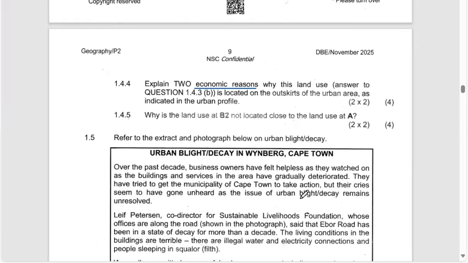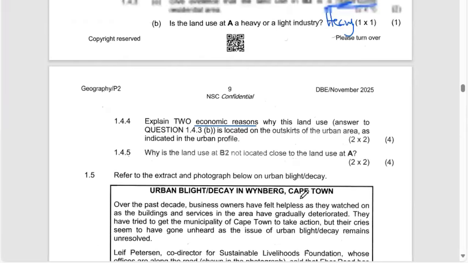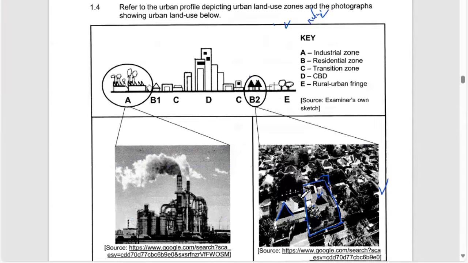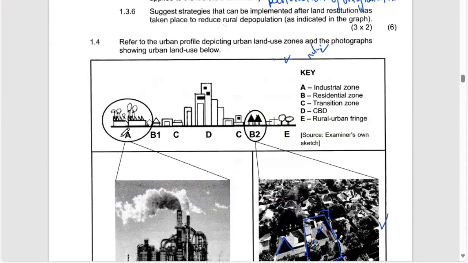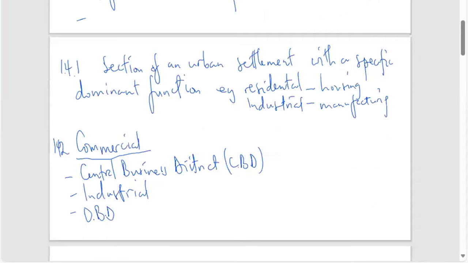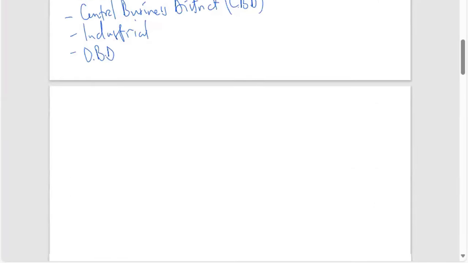Then why is the land use zone at B2 not located close to land use at A? Land use in B2 not close to A. For the same reasons that we highlighted, the question is like, why are high income areas, or the high income residential zone, not compatible?